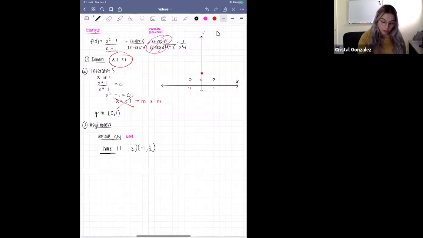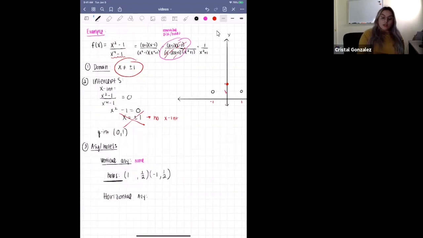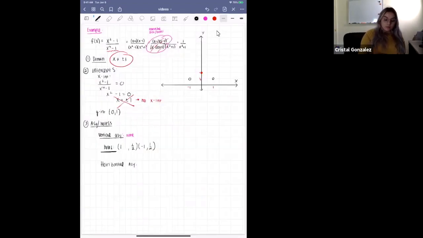Now for our horizontal asymptote, what you want to do here is actually look at what's happening with your function. We've learned a few things here and there about finding horizontal asymptotes.